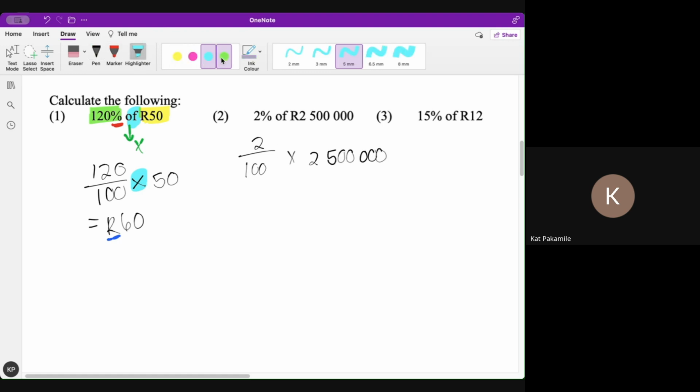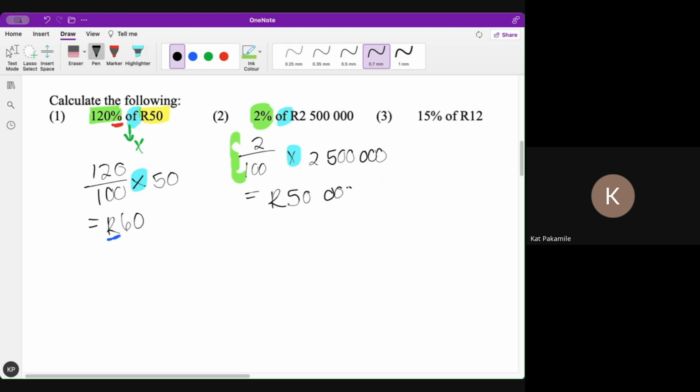Okay, so this 2% is represented by this whole thing over here. Okay, and then we have "of", and then the 2.5 million rands. And that gives us, we have a lot of zeros there and I can't see how many there are. I think it's 50. Thank you, and say, woo, 1,000. There we go.